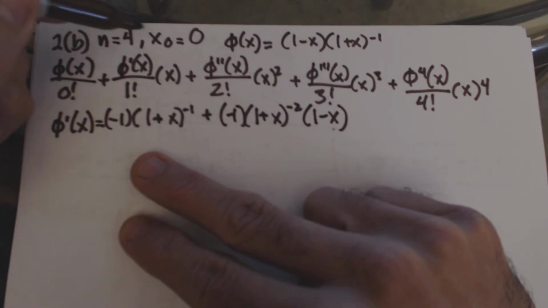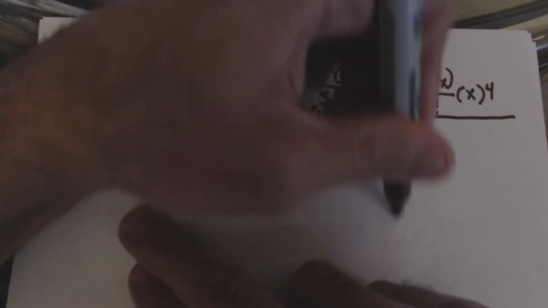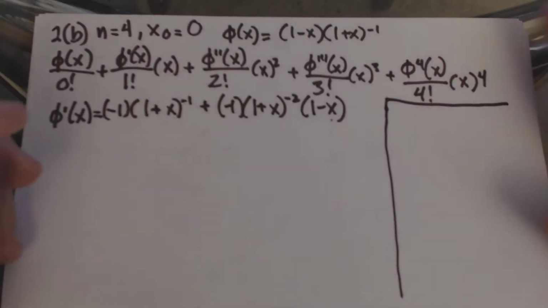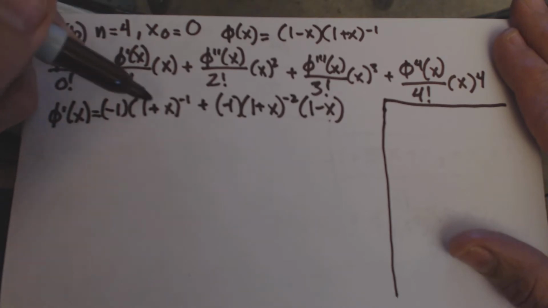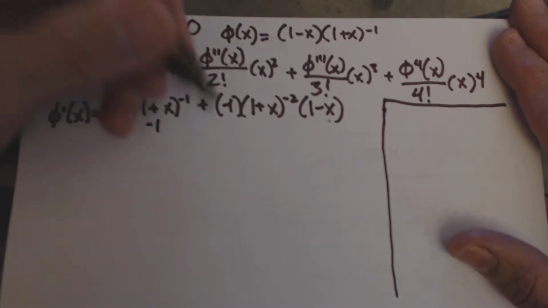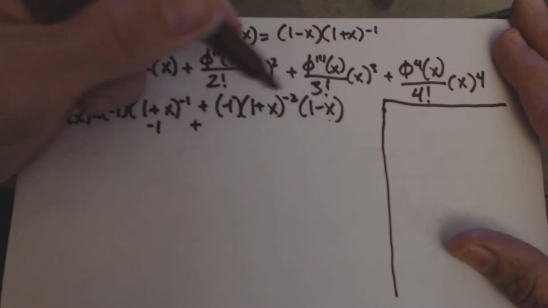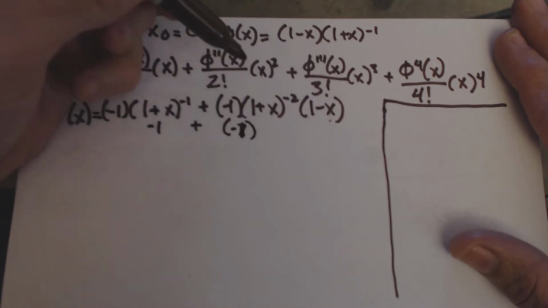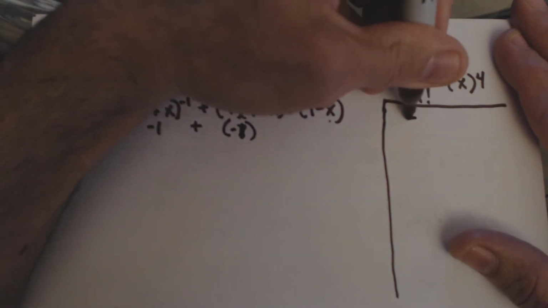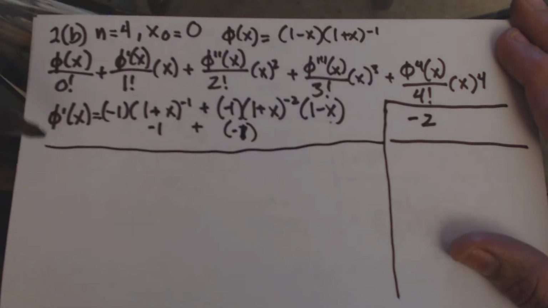And if we evaluate that at x equals 0, we're going to get 1 plus 0 here times negative 1, so that's negative 1, plus, this is 1, so we have negative 1 times 1, which is also negative 1, so we're going to get negative 2 for the first derivative, evaluated at 0.